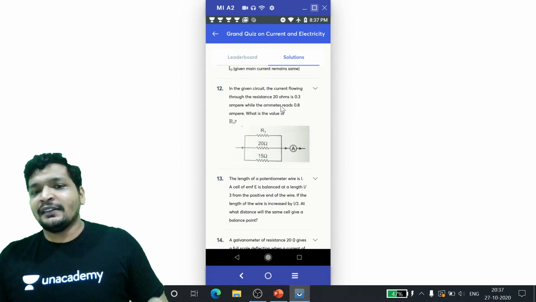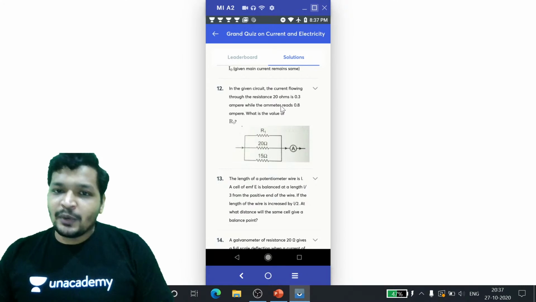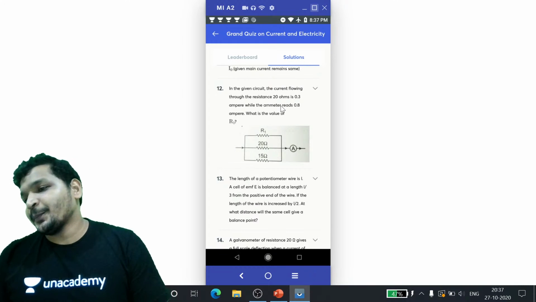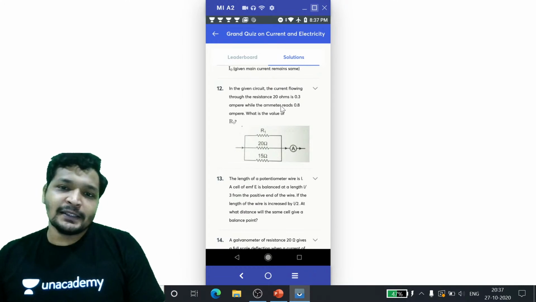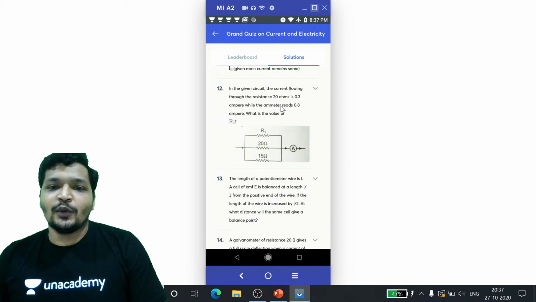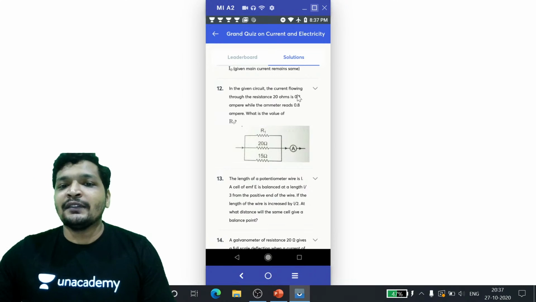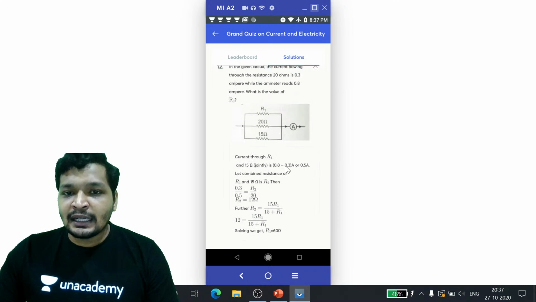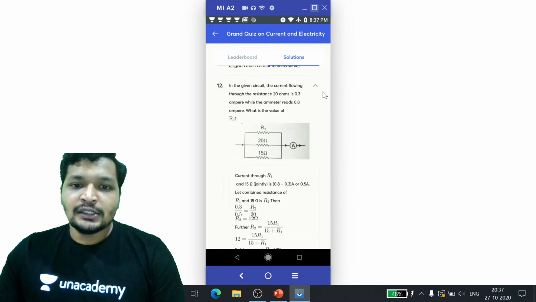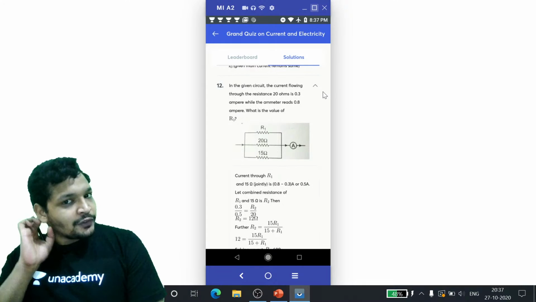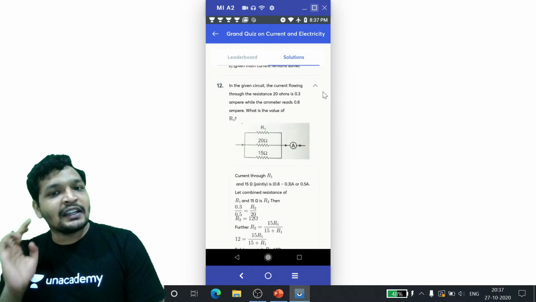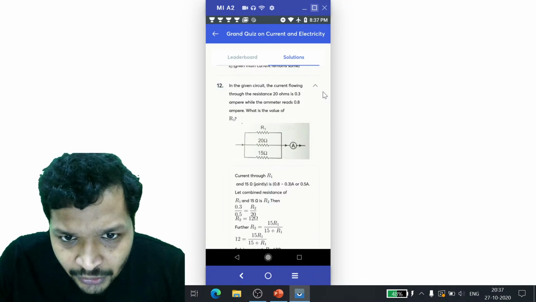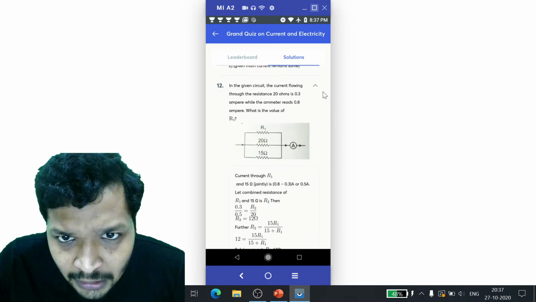Okay, 60 by 7 divided by R1 is equal to 0.5 by 0.3, 5 by 3. That could have been even the smarter way of doing it. I don't know why I didn't think about it back then. We need not have done the entire thing, like R1, R2, etc.